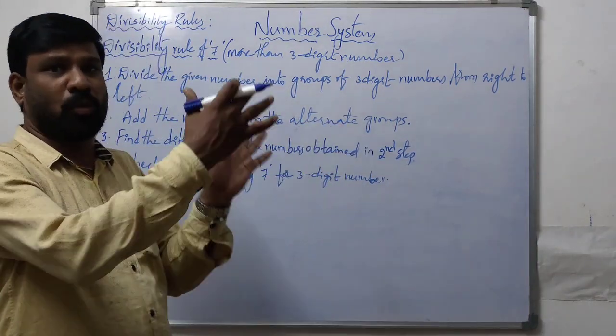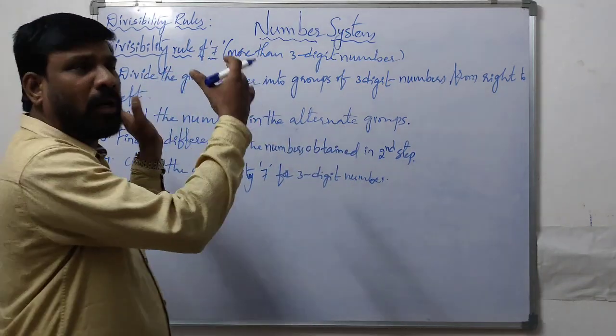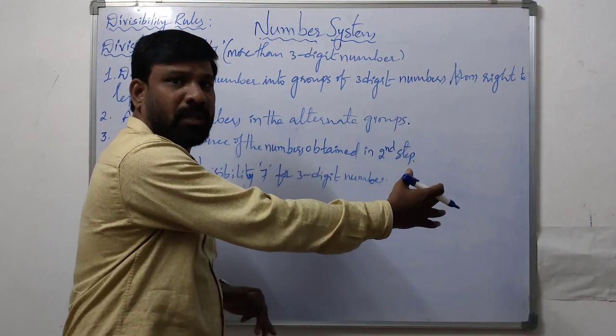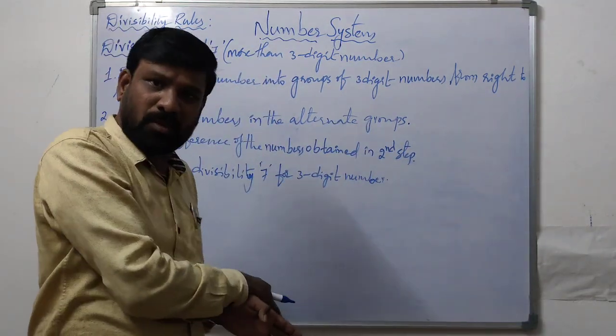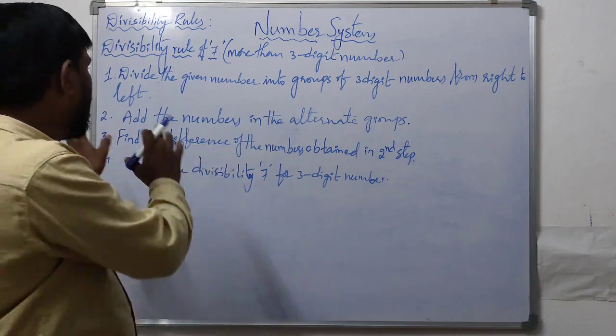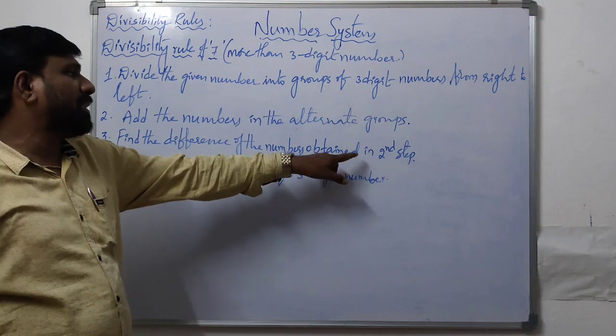You will find a few groups, 2 groups or 3 groups or 4 groups, 5 groups. What does this mean? Suppose you find 4 groups: the first group and third group you have to add, and the second group and fourth group you have to add. That is the second step. Next, find the difference of the numbers obtained in the second step.